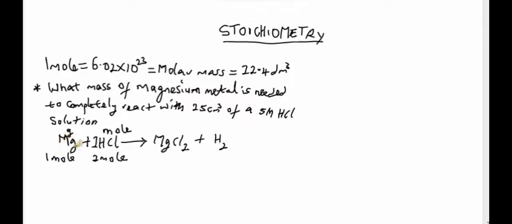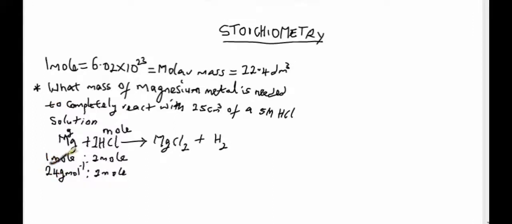So we'll bring the molar mass of magnesium down here. The molar mass of magnesium is 24 grams per mole, but we will not touch this. What is reacting here is 2 moles, so we're not touching this 2 moles. To know what's reacting, mole times molar mass gives mass.